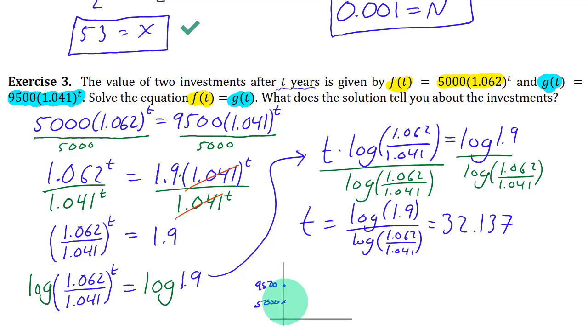It's going to end up going up faster eventually. And this one is going up not quite as fast. The point where they cross right there is 32 years. So that's what that tells you about the investments, how long it takes for them to have equal value.